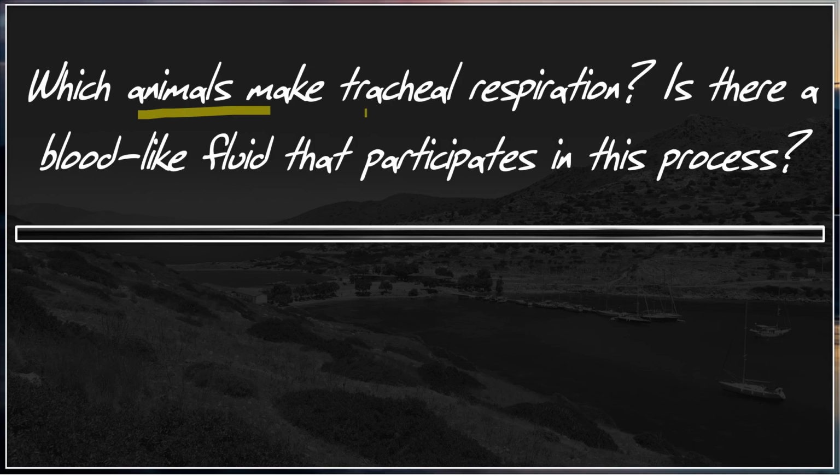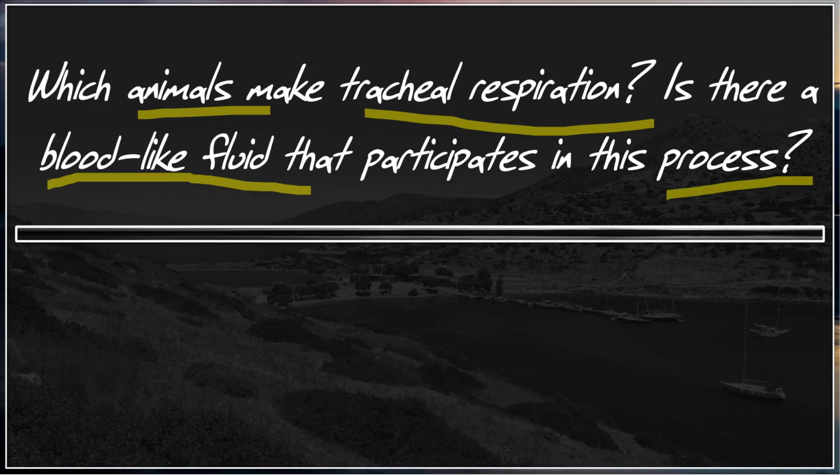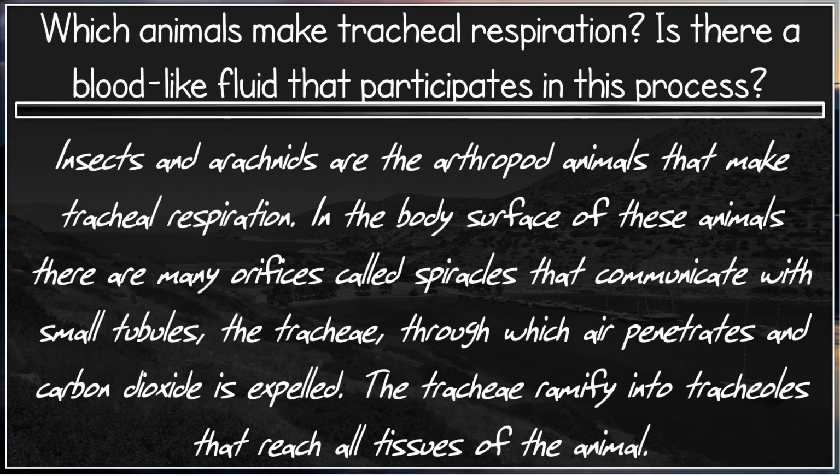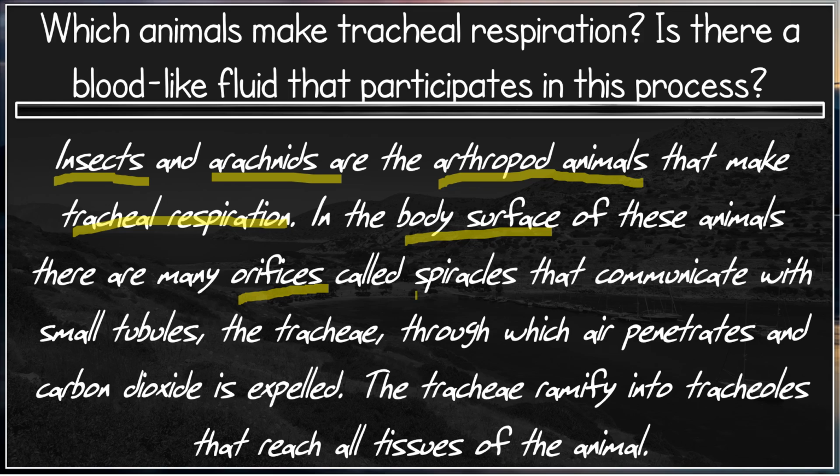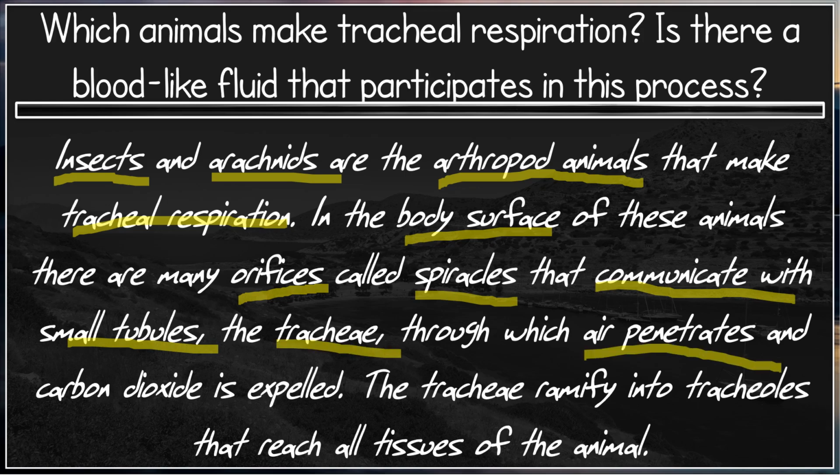Which animals make tracheal respiration? Is there a blood-like fluid that participates in this process? Insects and arachnids are the arthropod animals that make tracheal respiration. On the body surface of these animals, there are many orifices called spiracles that communicate with small tubules, the tracheas, through which the air penetrates and carbon dioxide is expelled.